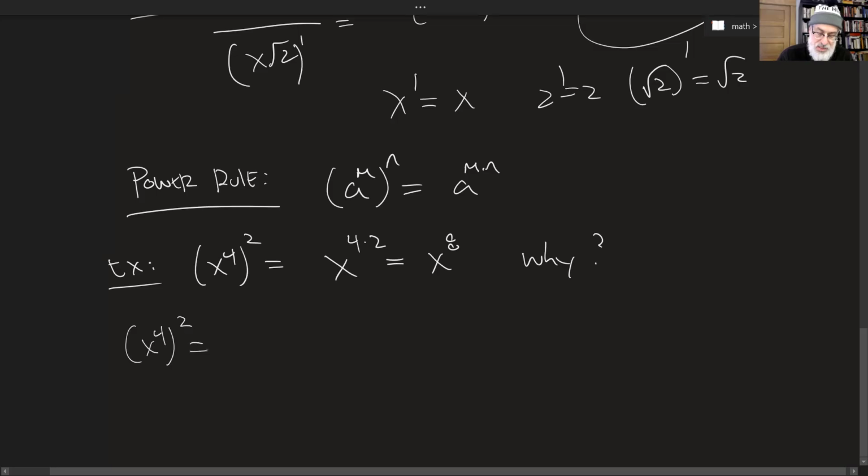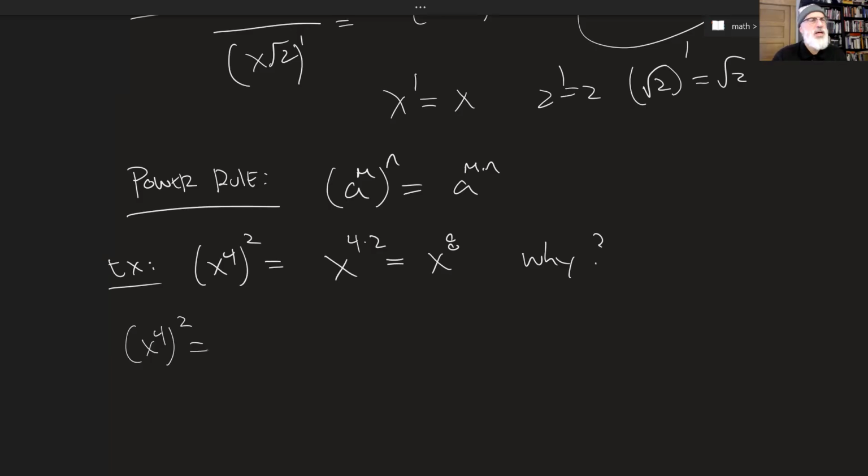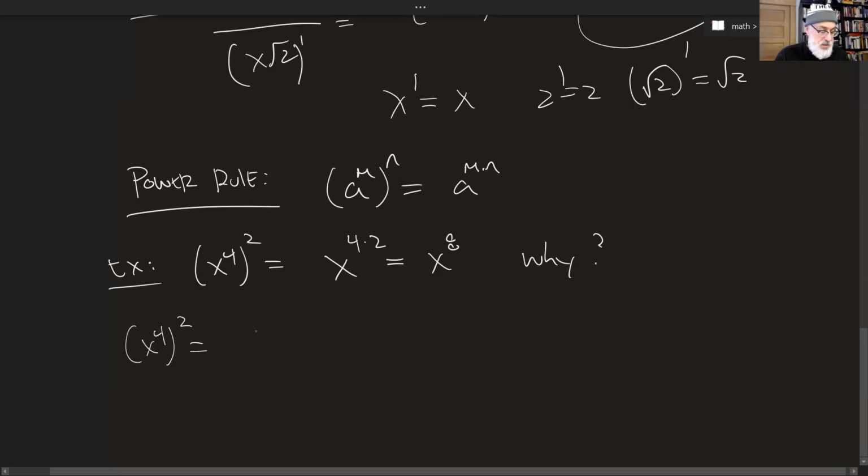A power says that I'm going to take something, and if I raise it to the power of 2, I'm going to multiply whatever it is by itself that many times. So in actuality, what we're doing is multiplying x to the fourth by itself twice. And this multiplication means we're doing the product rule. So we're adding the exponents. And so this is x to the 8th.